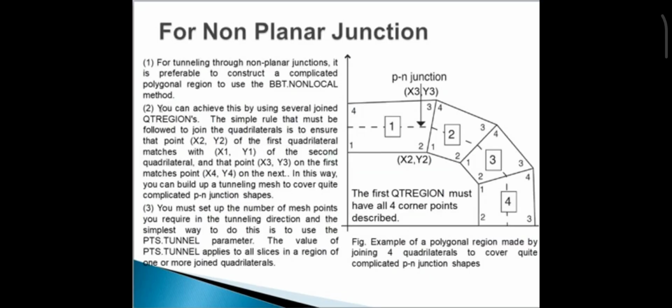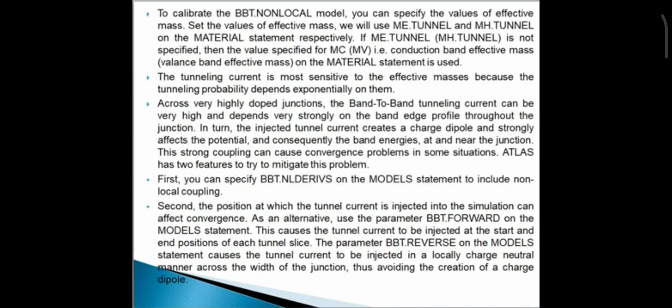For tunneling through a non-planar junction, it is preferred to construct a complicated polygon region to use the BBT nonlocal method. One more important point to know is that to calibrate the BBT nonlocal model, you can specify the value of the effective mass. To set the value of the effective mass, we use ME.tunnel and MH.tunnel on the material statement.